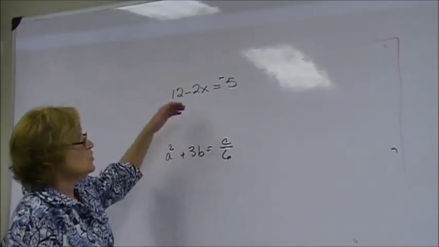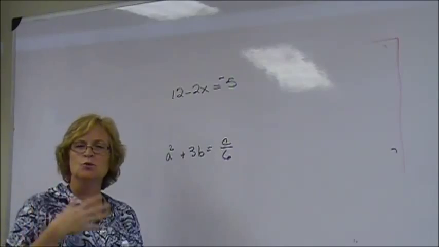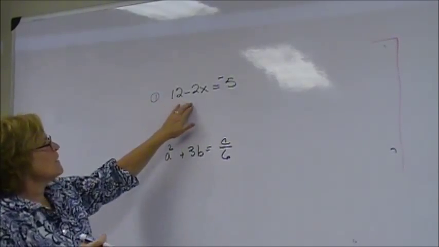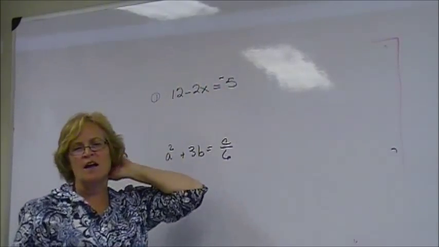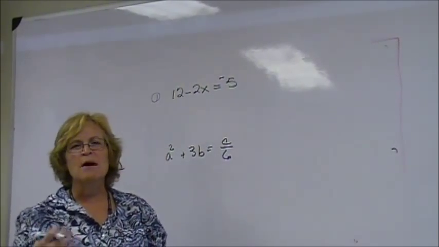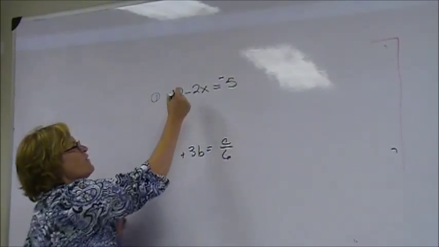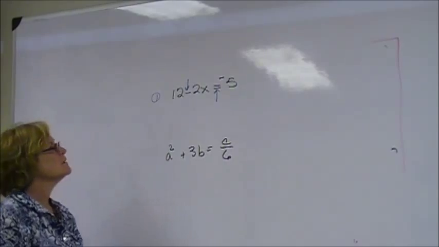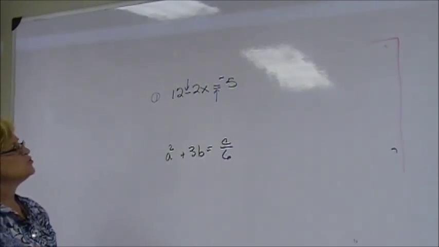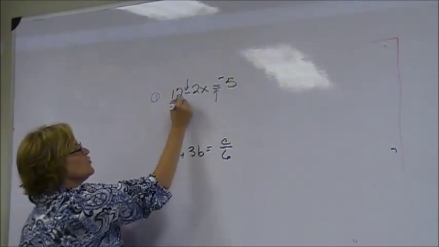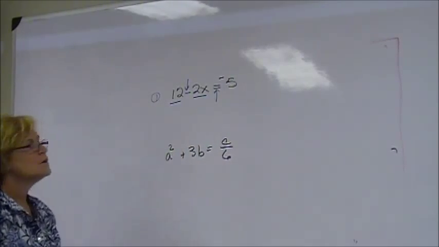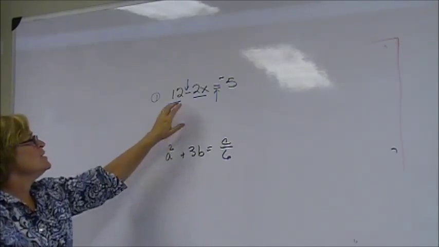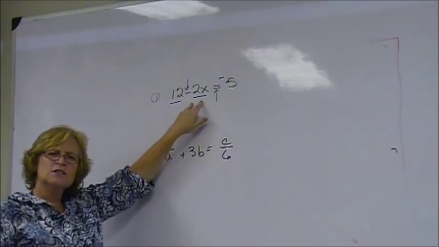All right, you notice that I have 2 examples up here, and let's do one at a time. So number 1, this says 12 minus 2x is equal to negative 5. So now we have to talk about relationships. You have a transition and you have a transition. Between those transitions right here, you have two situations that have occurred. 12 isn't easy because it's just a value, but this guy right here is a little more difficult.